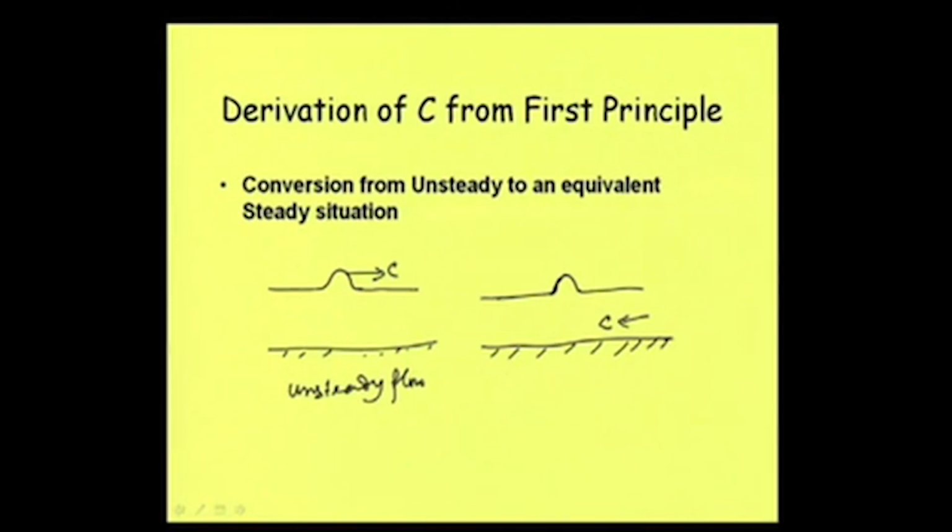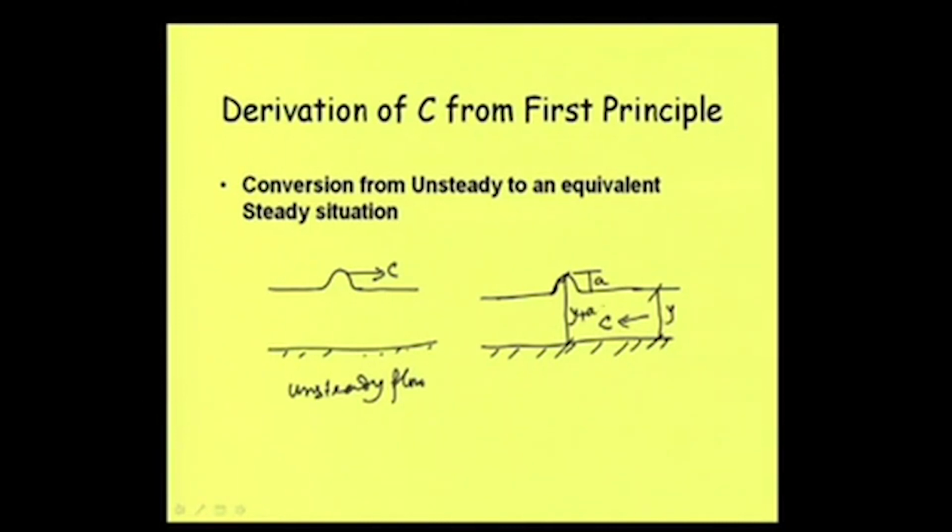Say the depth at this section is y, and the amplitude of the wave is a. This is the amplitude of the wave. So, what will be the depth in the portion where we have the wave? This will be y plus a.